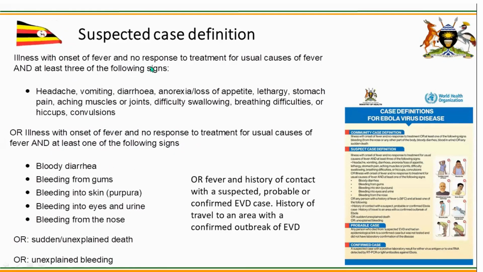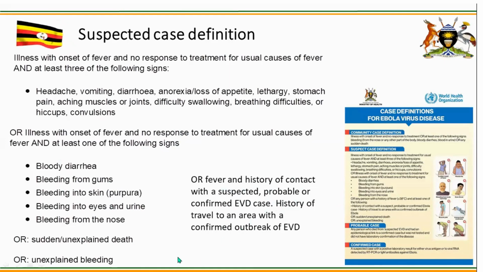You can see here the issue of bleeding, hemorrhage, comes up. If someone has fever that has not been responding to treatment, with bleeding from the orifices, there you have another case of Ebola also. That is very important. They are saying here, fever and history of contact with a suspected, probable, or confirmed case, or a history of travel to an area with the, okay, let's leave that.